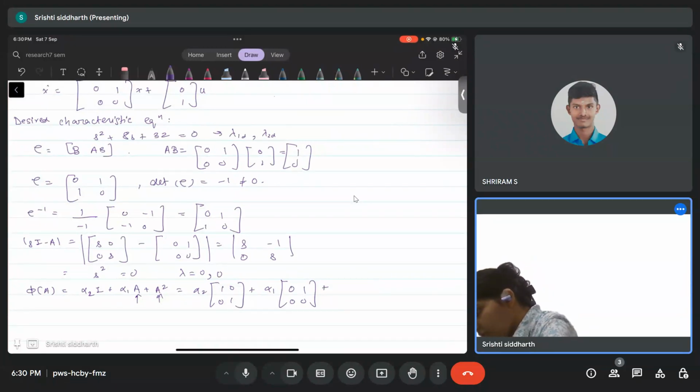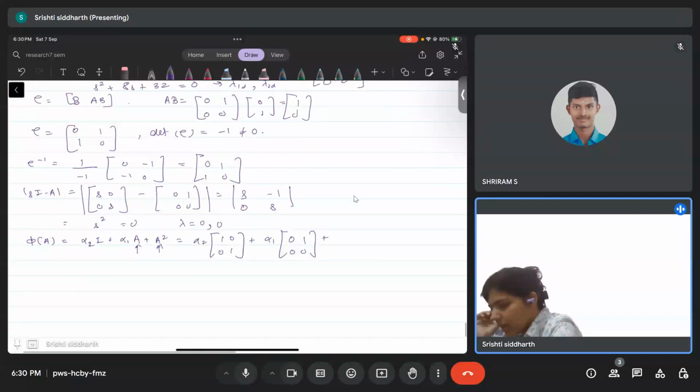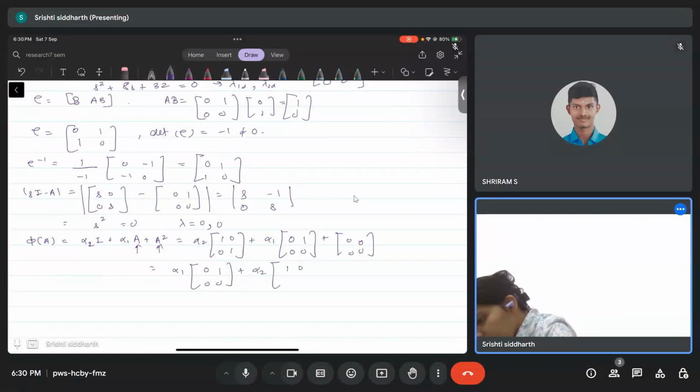A square is [0 1; 0 0] times [0 1; 0 0], which is zero. So this is alpha 1 times [0 1; 0 0] plus alpha 2 times [1 0; 0 1].